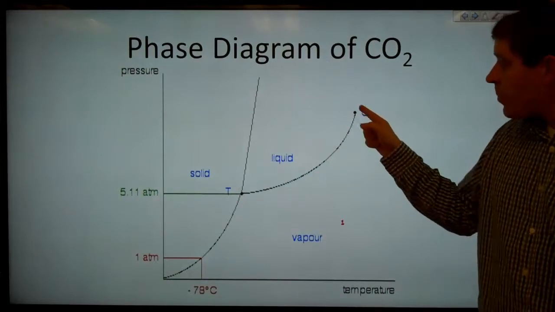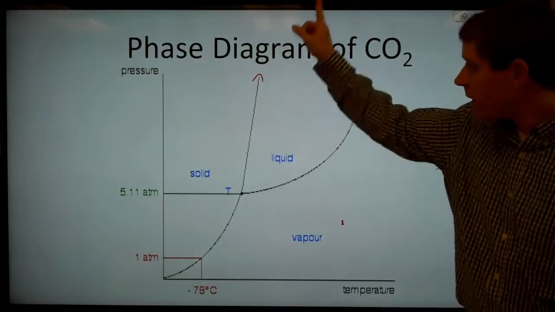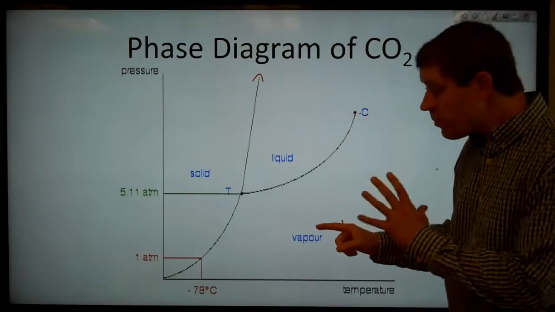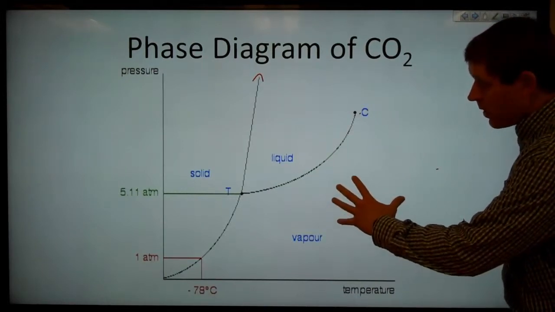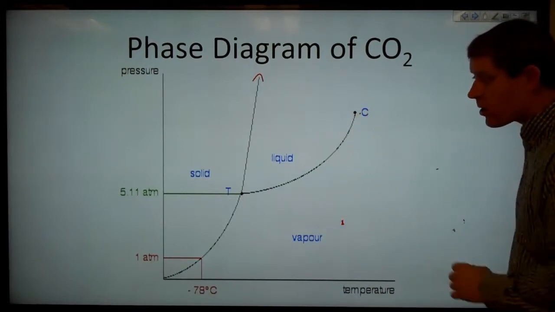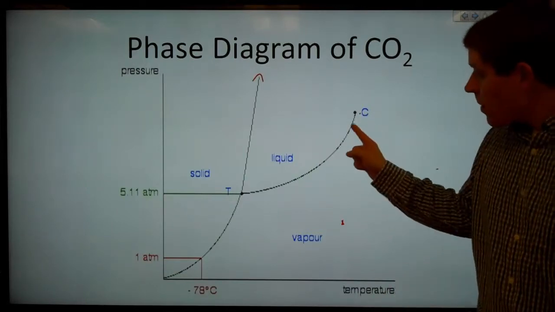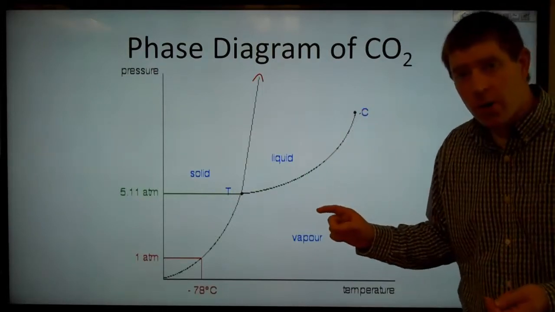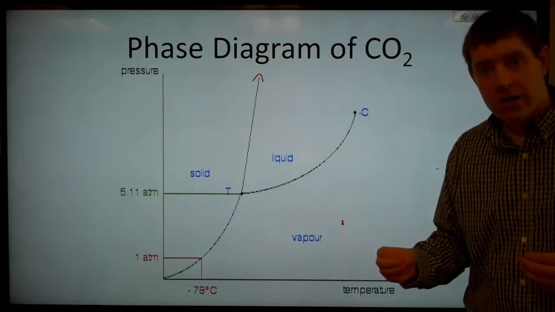And up here past the critical point, again, this line ends, this line continues going up, but this line ends because there's some pressure and some temperature at which we no longer have a liquid phase. So remember that this is the vaporization curve. Now, for vaporization to occur, we have to be able to break the intermolecular forces existing in our liquid.